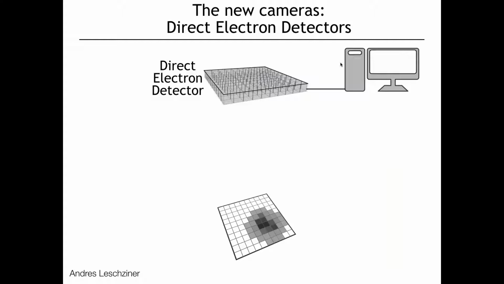The direct electron detectors don't have a scintillator. What they have is a back-thinned set of pixels that directly detect electrons, rather than converting electrons into photons that are then read out by the camera. By directly detecting these electrons, you can remove a number of the backscattering events and improve the readout on your detector.